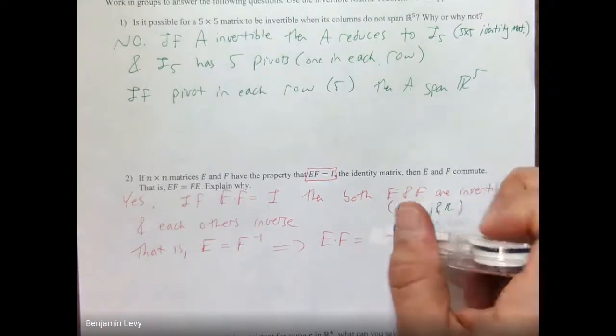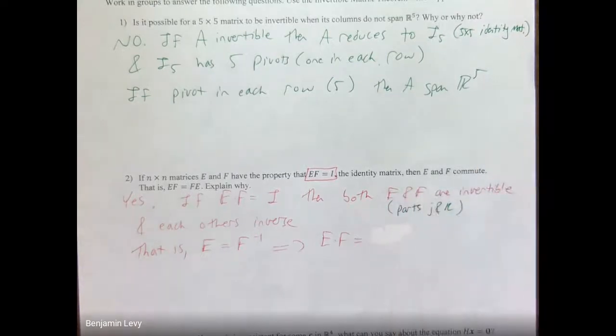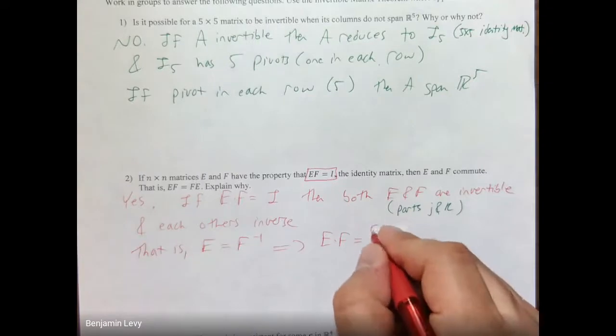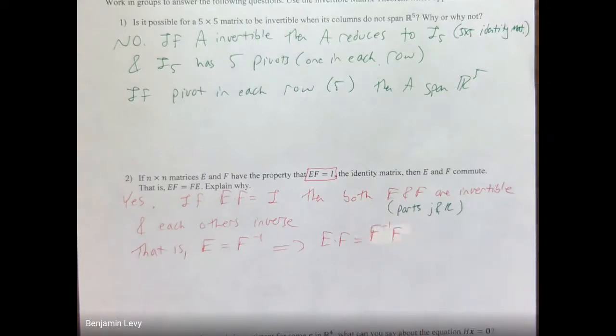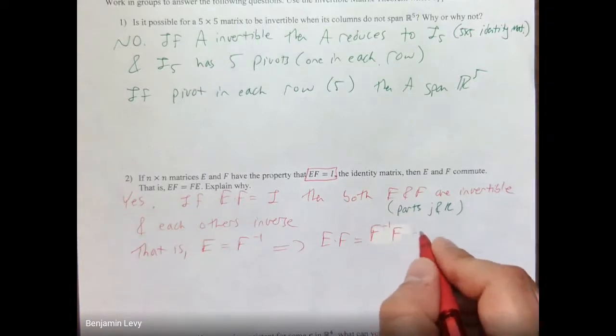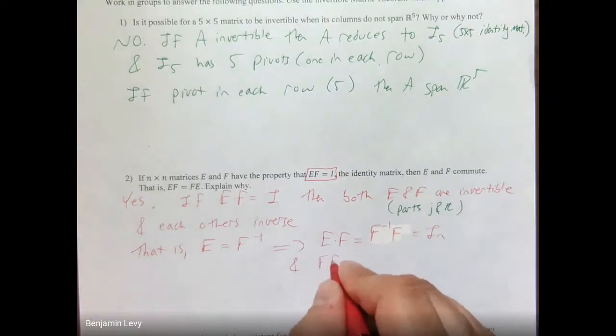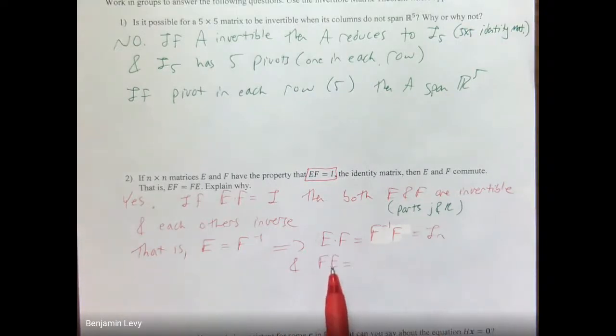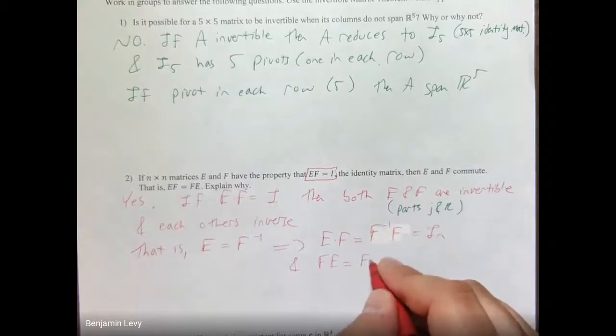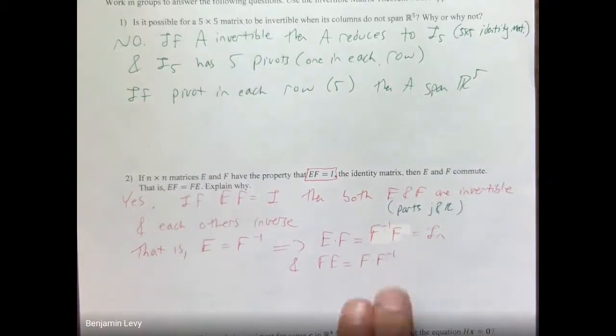And so you'll have F inverse times F. And we know F inverse times F is the identity matrix. And moreover, you can multiply it on either side. If you did F times E, again, you can replace E with F inverse. That's just F times F inverse again, but the order switched.